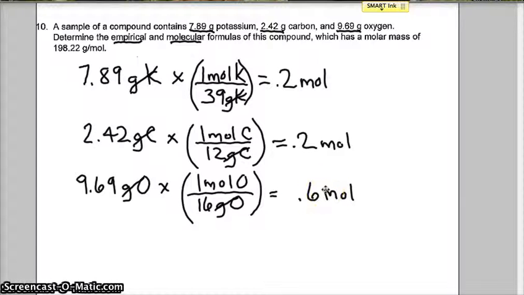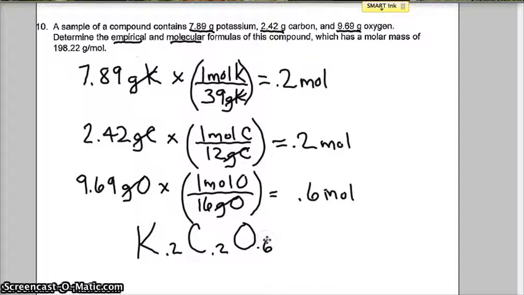So these decimals that we have here would be our subscripts if we wrote out the empirical formula.